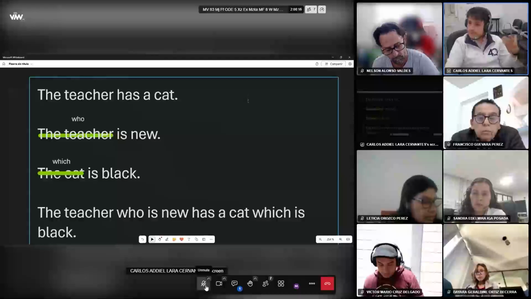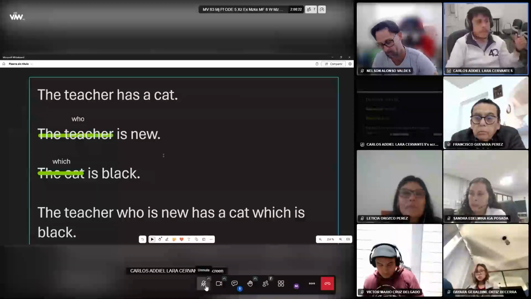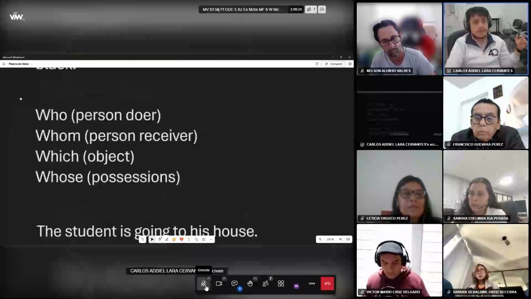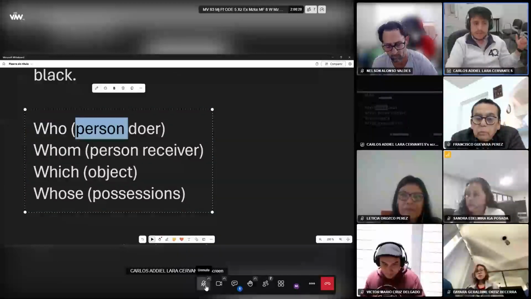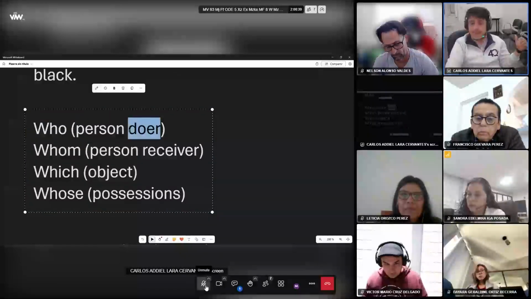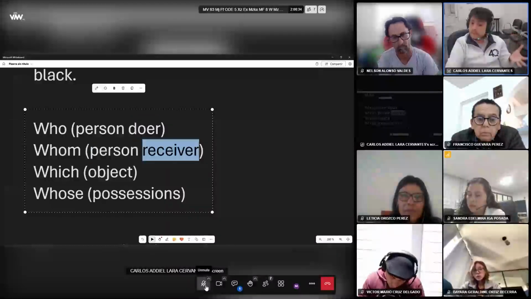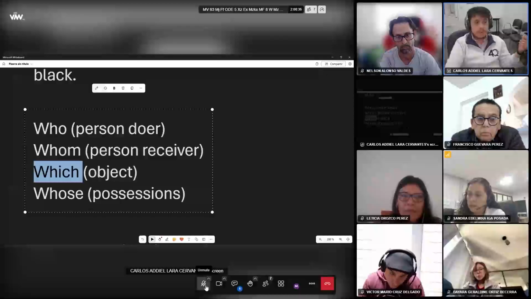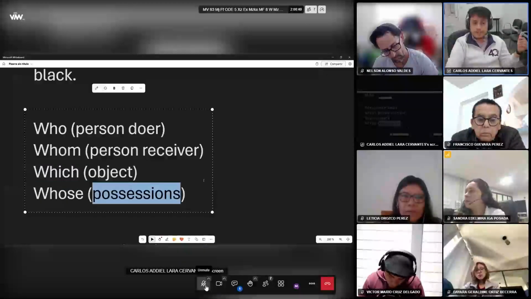The point is to give additional information and to make only one idea. So we practiced with 4 connectors. Who connects a person who is doing the action. Whom connects another person, but the person receiving the action. Which is used to connect objects. Whose is to connect possessions.